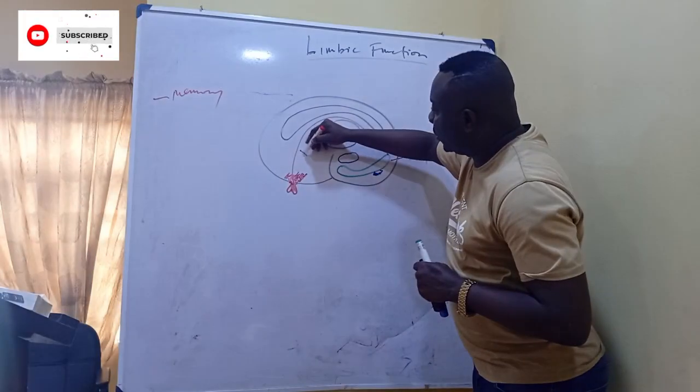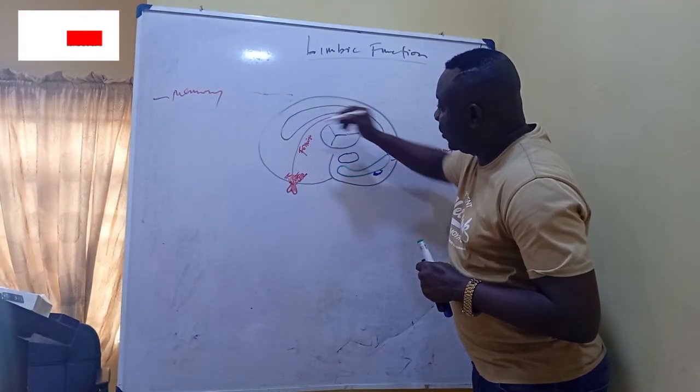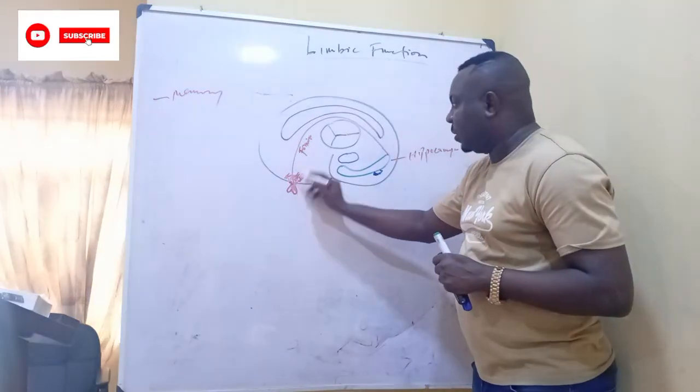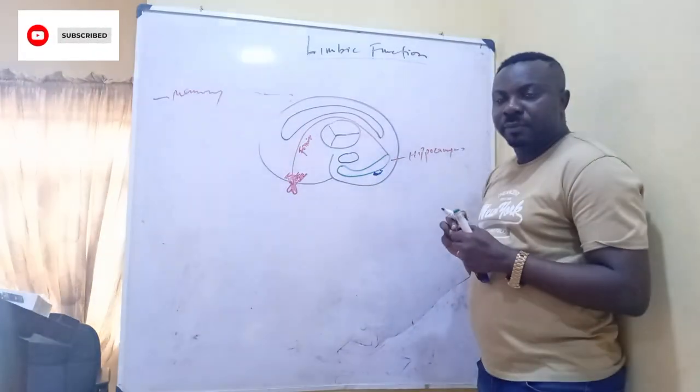This connection is called the fornix. This structure that connects the hippocampus and the mammillary body is called the fornix. Are you there?